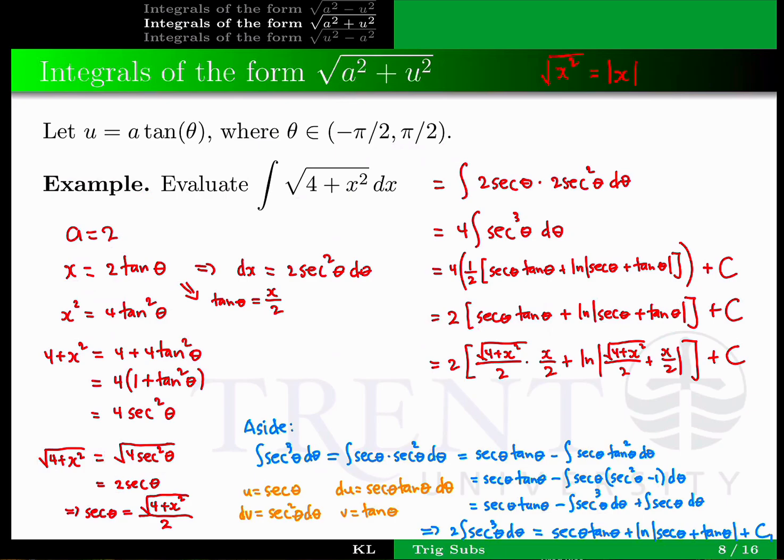You can distribute the 2 here and cancel one of these, and then attach this one as a coefficient in here, or you can just keep that as the final answer. So this will be our final answer. Okay, so that's one example for this form.